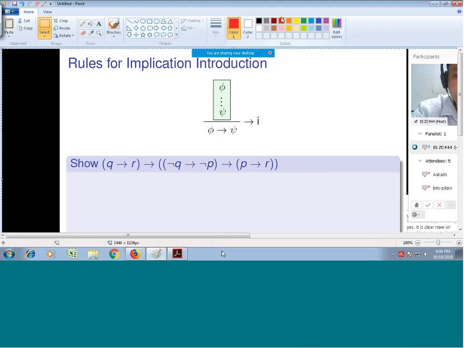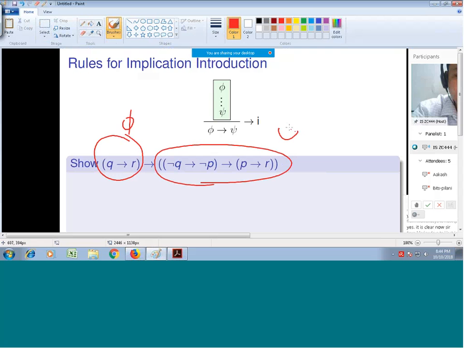Okay. So here you see that this part is phi, and this part is, because this bracket from here to here, right? So this part is psi. Okay. So how can this be proved?